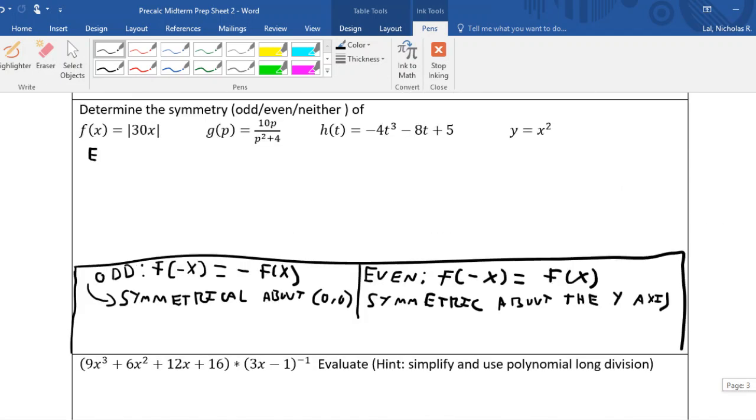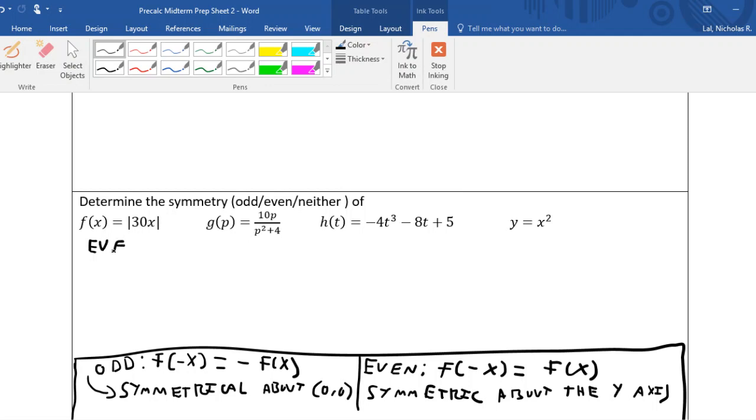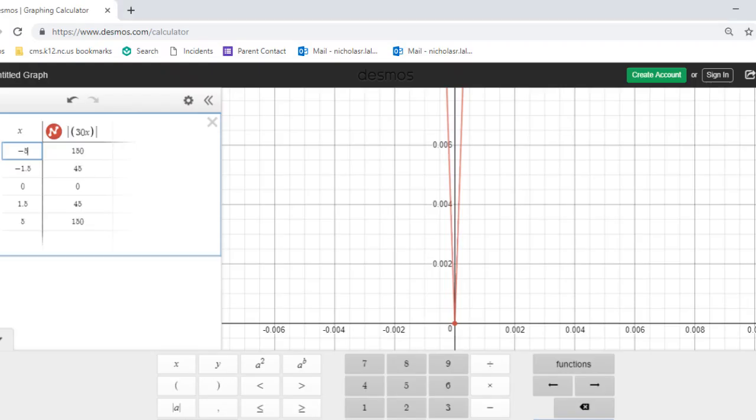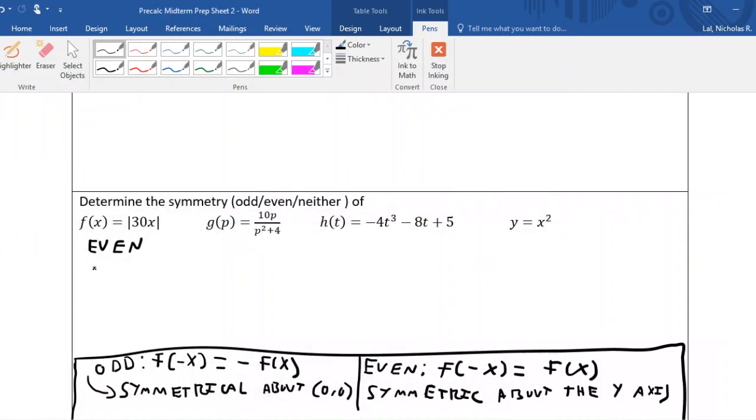The easiest way to prove it: I have negative 1, negative 2, 0, 1, 2, with outputs 30, 60, 0, 30, 60. Negative 1 is 30, positive 1 is 30, negative 2 is 60, positive 2 is 60. So this is even.